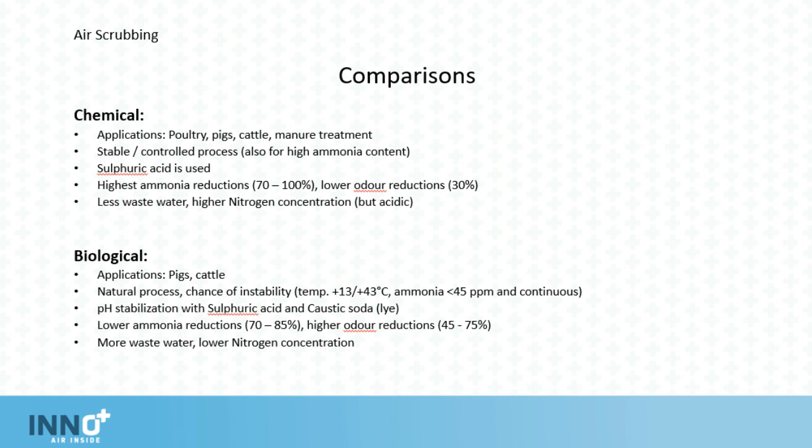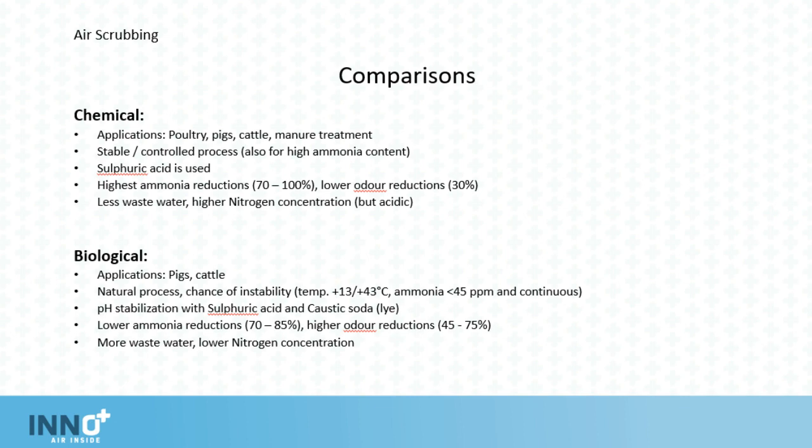And the thing with poultry is that there are often periods with almost no ammonia and periods with higher ammonia, which makes the process unstable. The other thing with biological air scrubbers is that usually a slime, a protective layer for the bacteria, will be formed on the packing, and the dust from poultry houses will get into this slime and will clog the packing very rapidly.